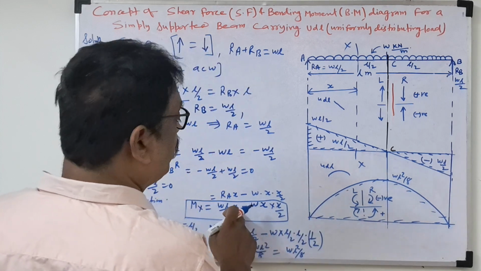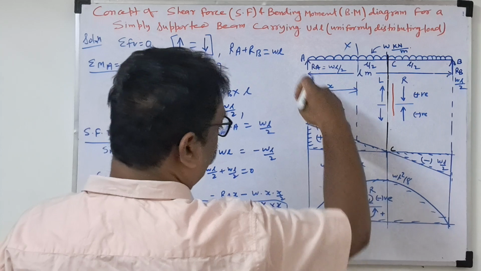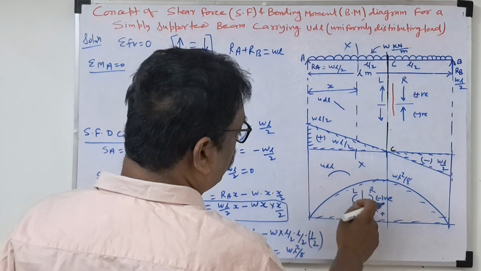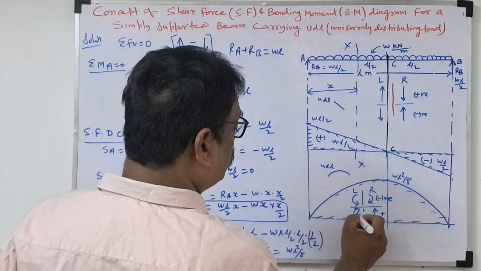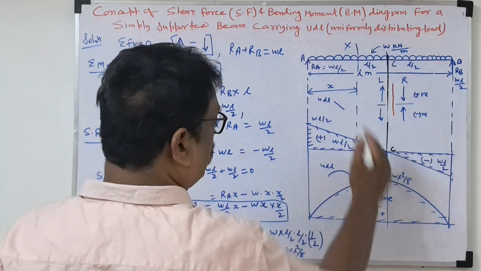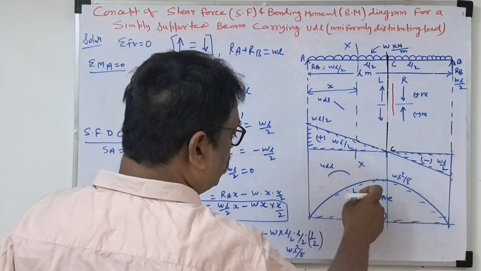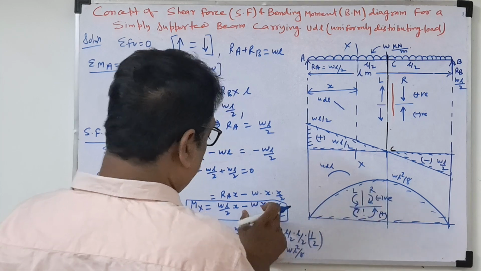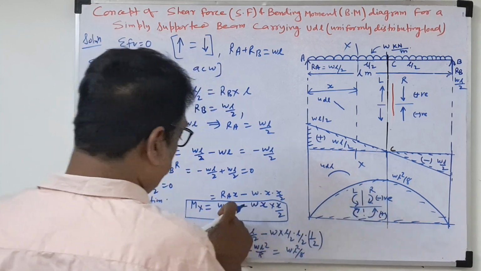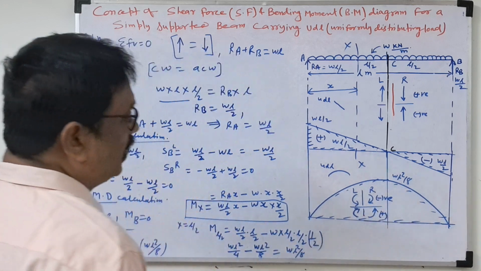See this MX we have taken: this is going clockwise, so positive on the left side. This coming anti-clockwise is negative. So this is the sign convention we follow for the bending moment diagram.